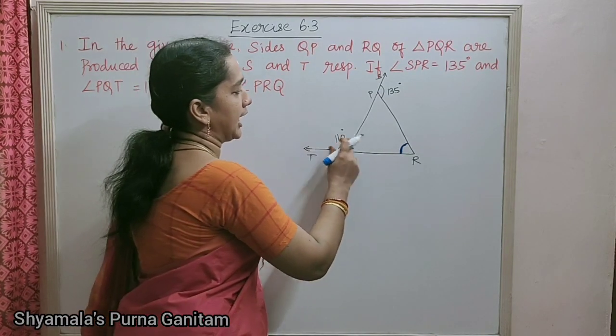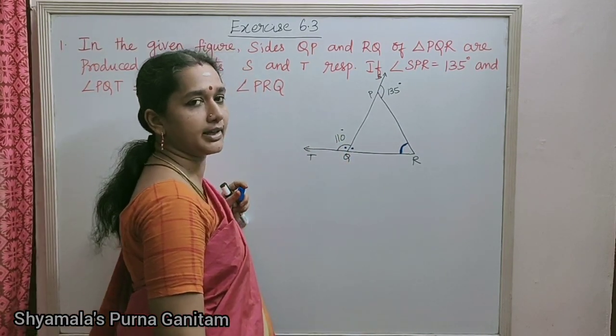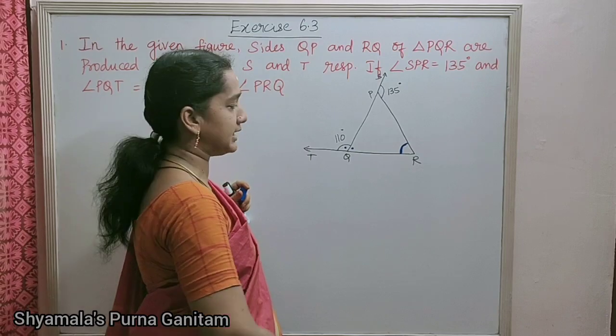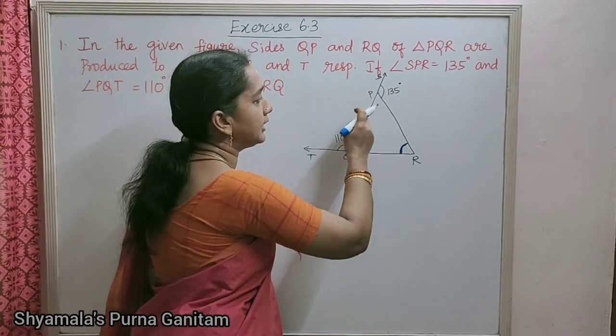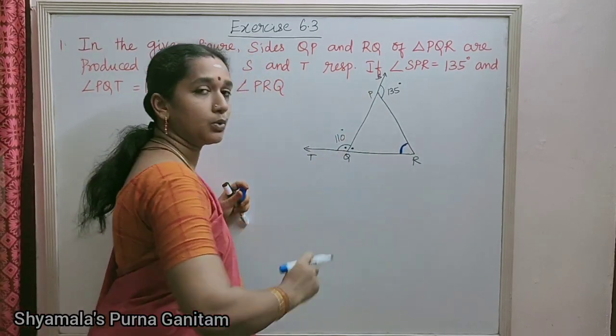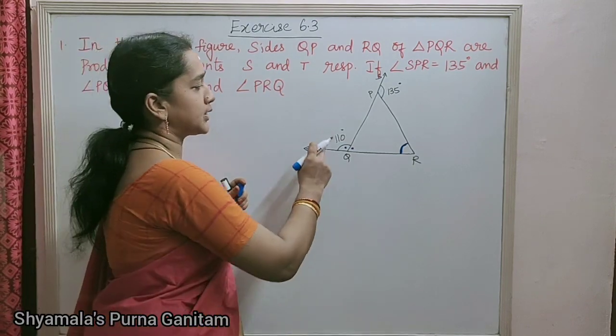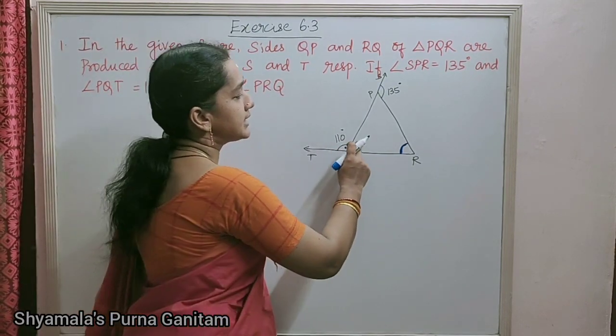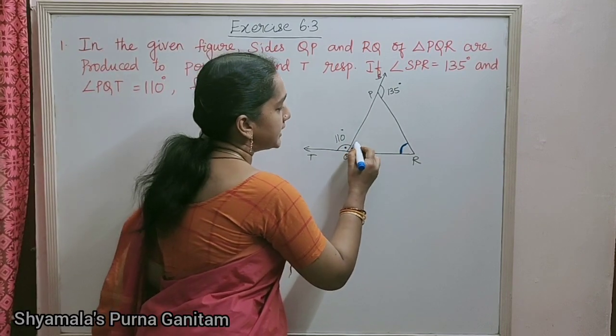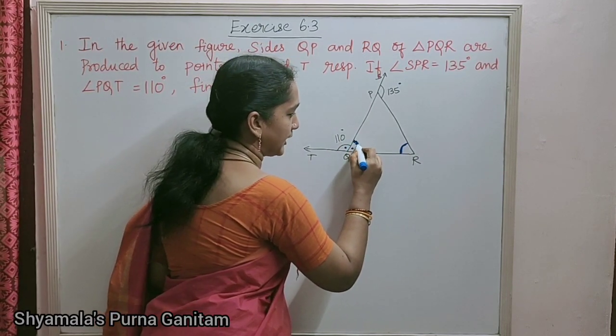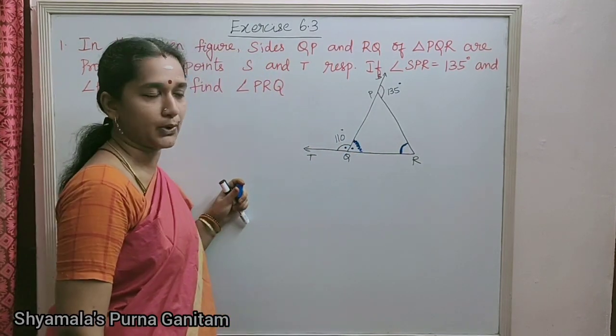That is, when you add these two angles, it will be 180 degrees. We'll say that as linear pair. So TQP plus PQR will make 180 degrees. So 180 minus 110 will be 70 degrees here. So this angle we found is 70 degrees.